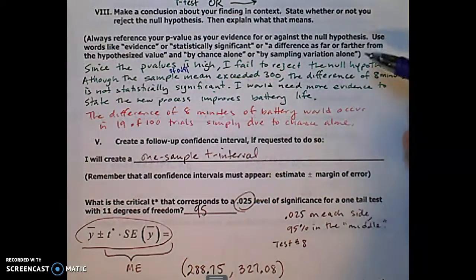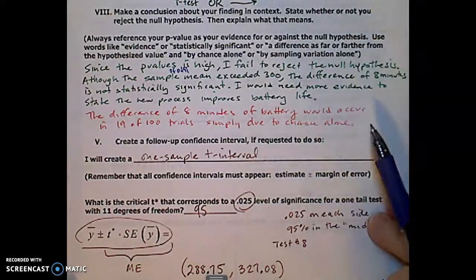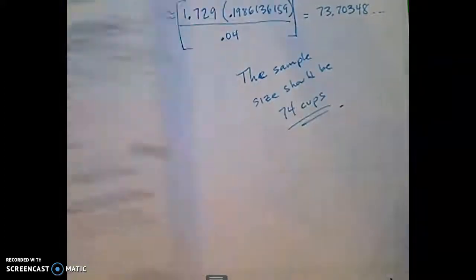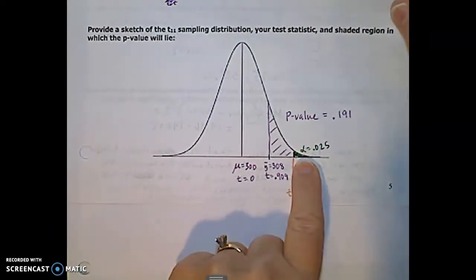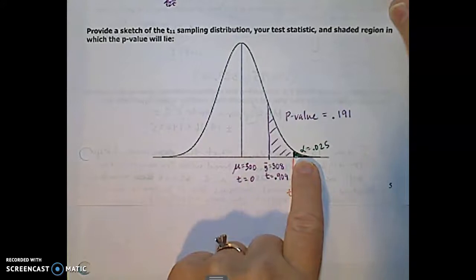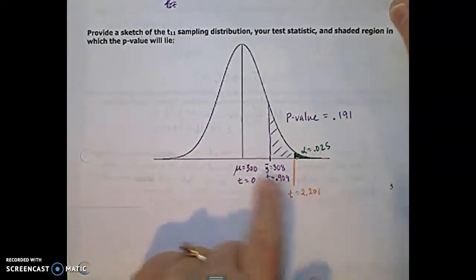Remember, here we were trying to show that the battery life is bigger than 300. This sample was 308, great, but it's not that unusual of a sample. Remember, the burden of proof is very high, right? We need to be able to show that the mean battery life is greater than 300.